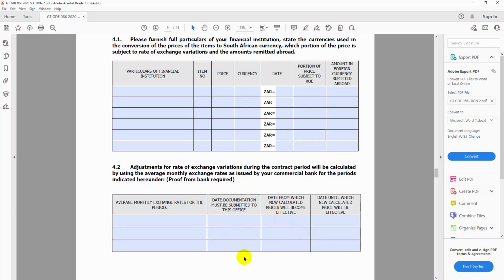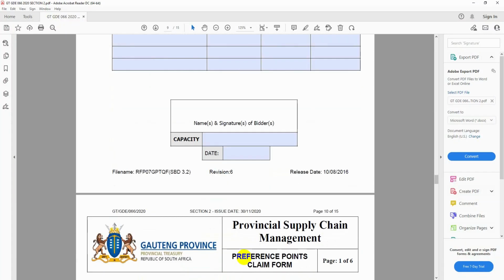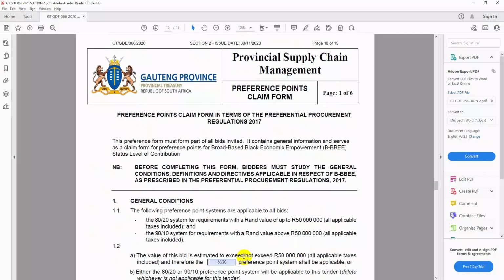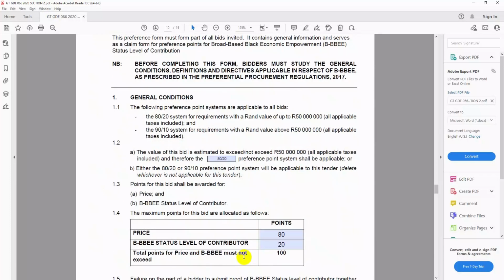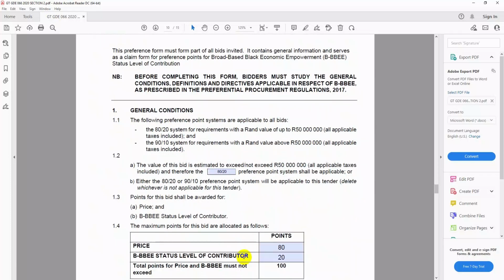The department has a record, and we have market researchers who check on the commercial bank or the main bank of South Africa, which is our Reserve Bank, how much is the rate of exchange for everything that they need for that specific time.